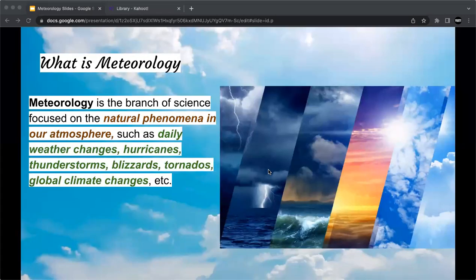Okay, so what is meteorology? Meteorology, we all know, is part of science, and it mainly focuses on the natural phenomena in our atmosphere. Our atmosphere is the layer of gases around our Earth, and there are many components to it.